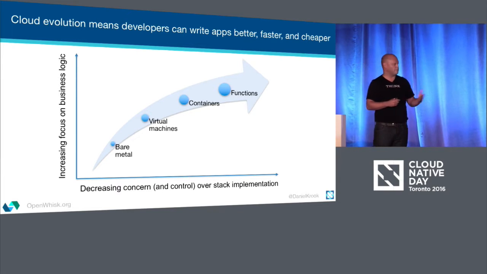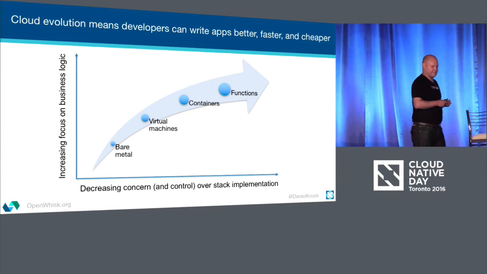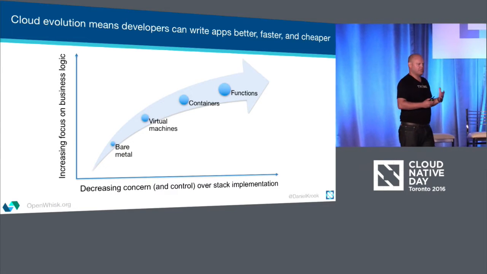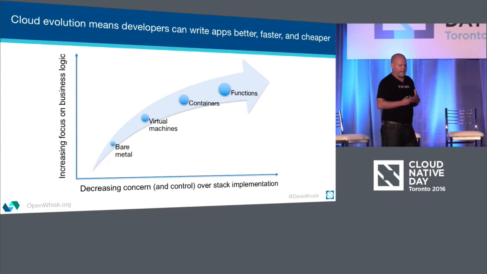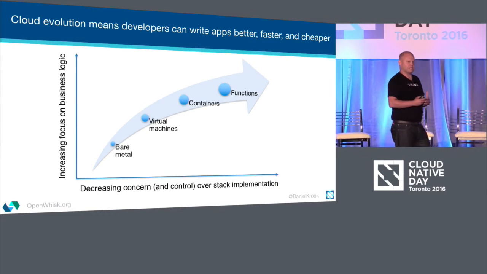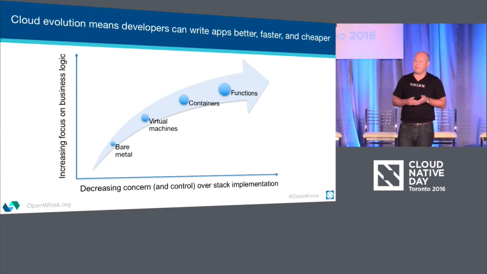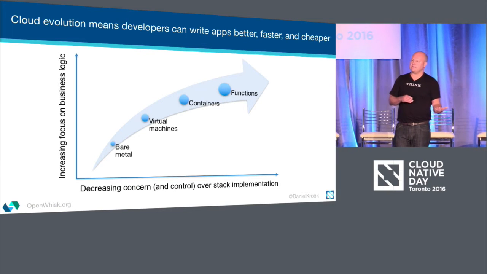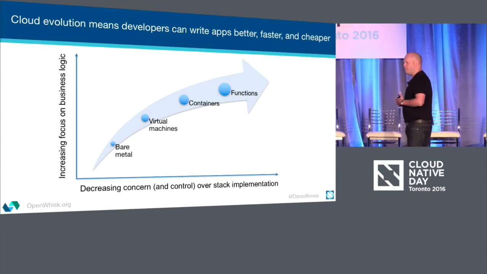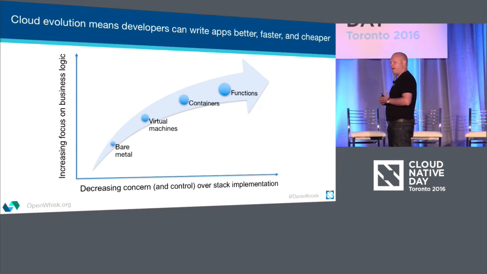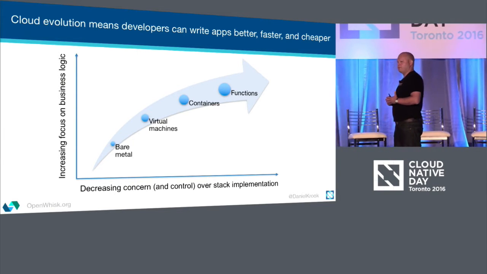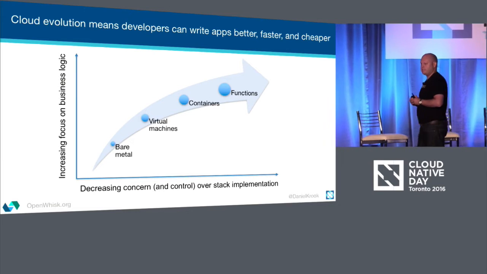So 10 years ago, if you remember from Dan's presentation, the keynote, to get from point A to point B, you had to go through an operations layer to provision hardware, deal with the configuration, do the capacity planning before you even got to the point where you ordered the hardware. And 10 years ago, we saw the first Amazon services come out, moving us from bare metal up to virtual machines.